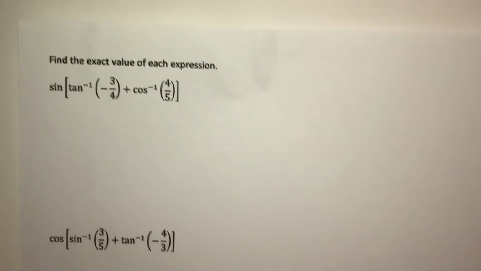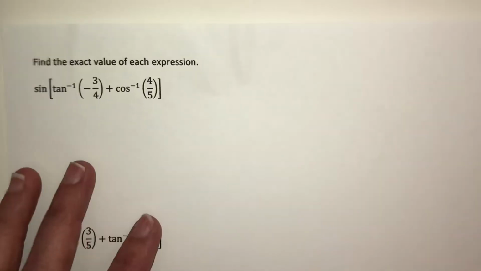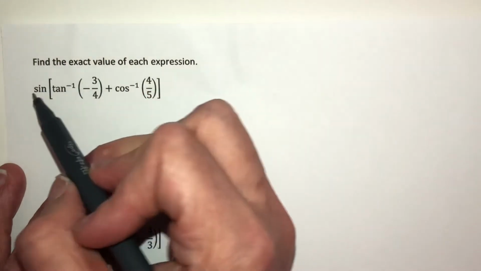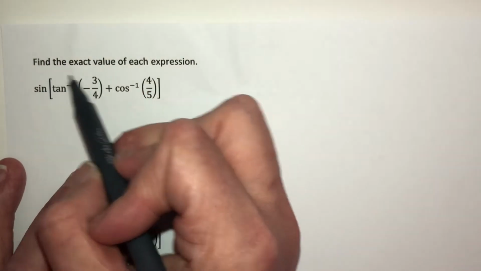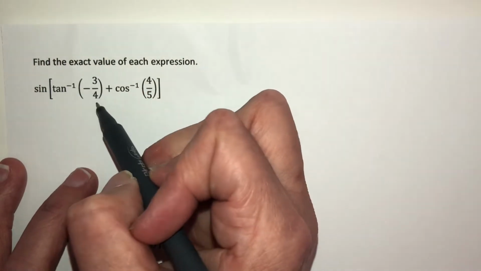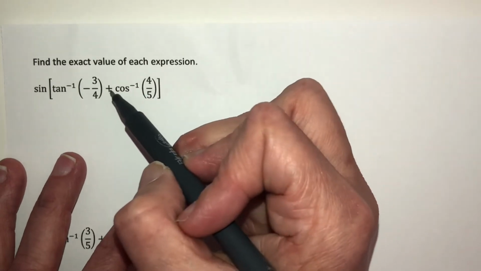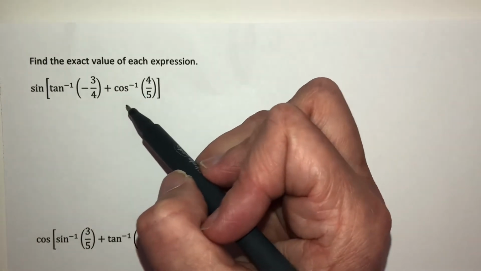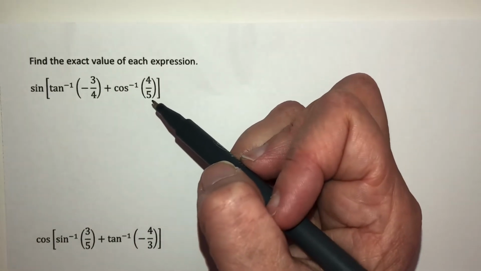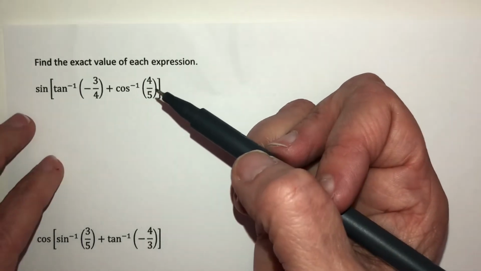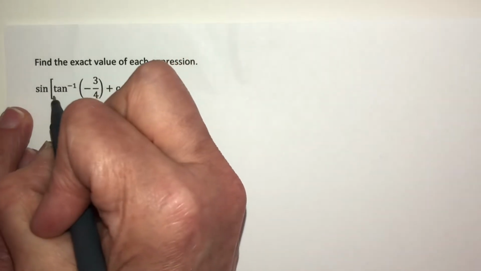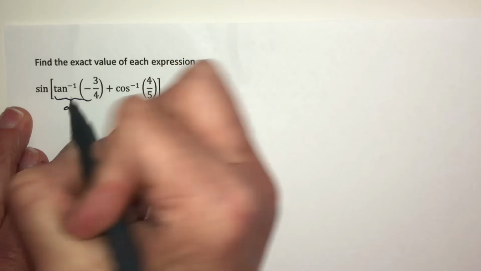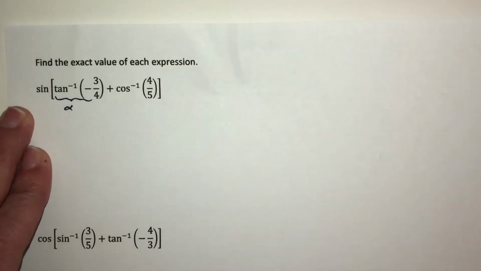Okay, now let's find the exact value of an expression written like this. I want sine of the inverse tangent of negative 3/4 plus the inverse cosine of 4/5. Well, this is essentially an alpha. I don't know what that angle is.